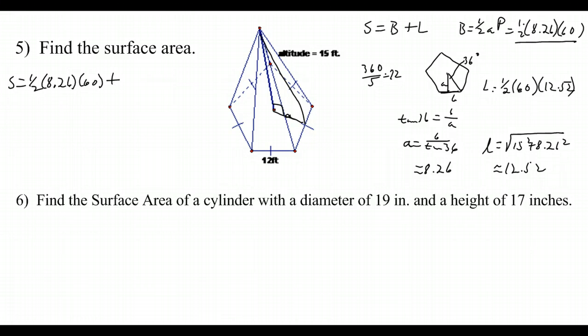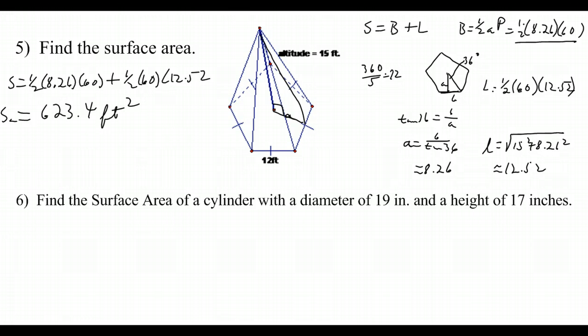So I have plus 1/2 times 60 times 12.52. So altogether my surface area is equal to 623.4, and that will be square feet.